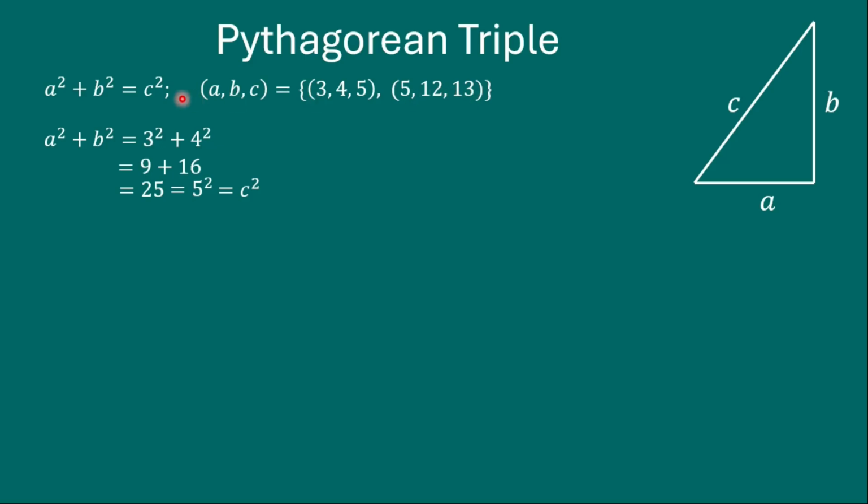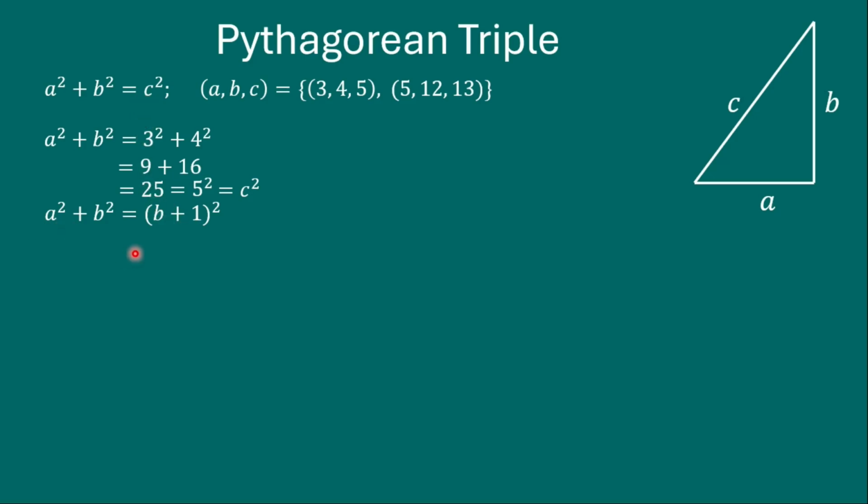That means we can write c as 1 more than b. That is, I can write c is equal to b plus 1. And writing that value, I can put this equation into the form a squared plus b squared equals (b plus 1) squared, where I'm writing c equals b plus 1.